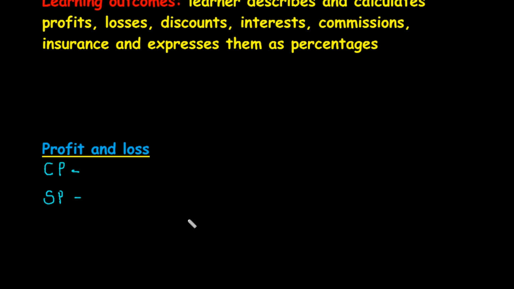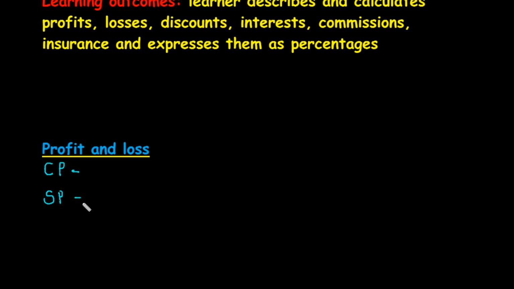Someone is saying that cost price is the amount of money paid by the retailer to purchase an item. Good. A cost price, students, is the amount of money paid by the retailer to either a wholesaler or a producer. Is that okay?